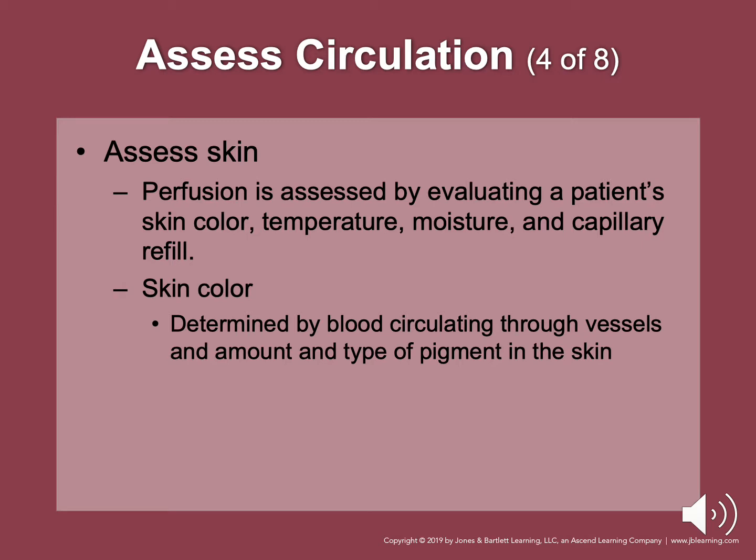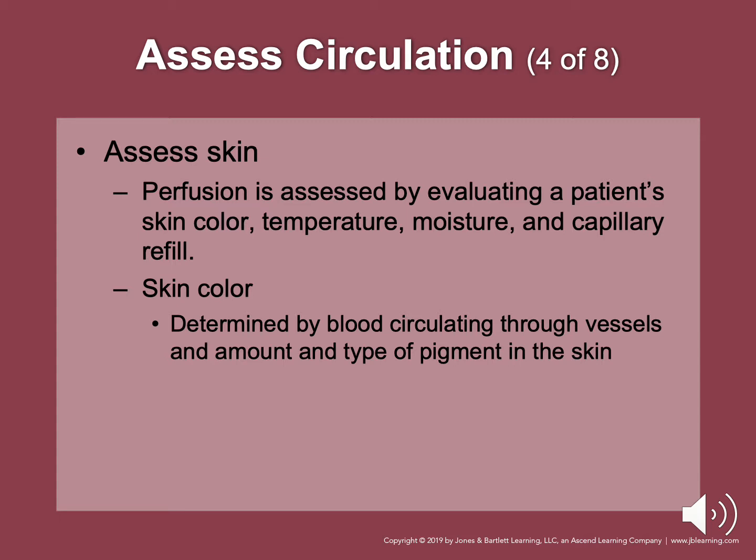In patients with deeply pigmented skin, changes in color may be apparent only in certain areas: fingernail beds, mucous membranes, lips, underside of arms, palms, conjunctiva of the eyes. Assess the palms of the hands and the soles of the feet in infants and children.